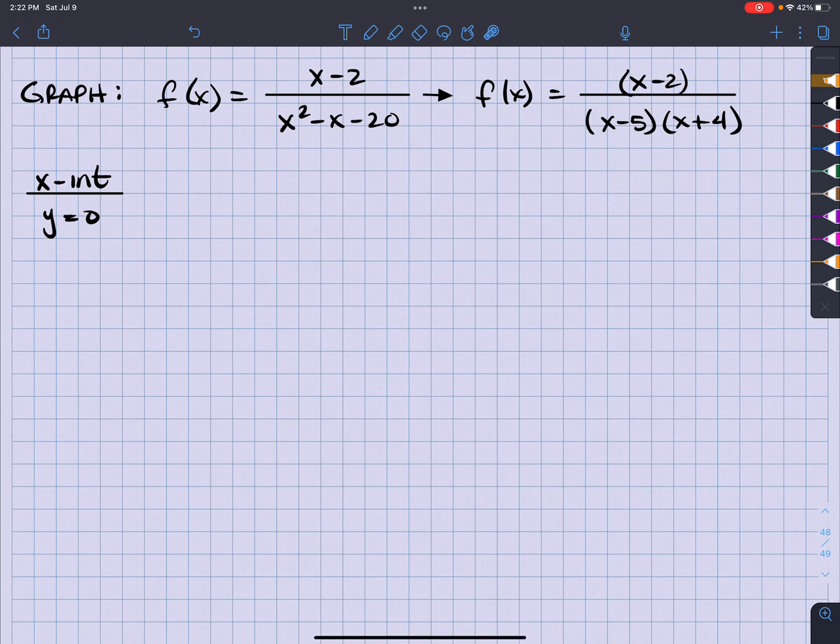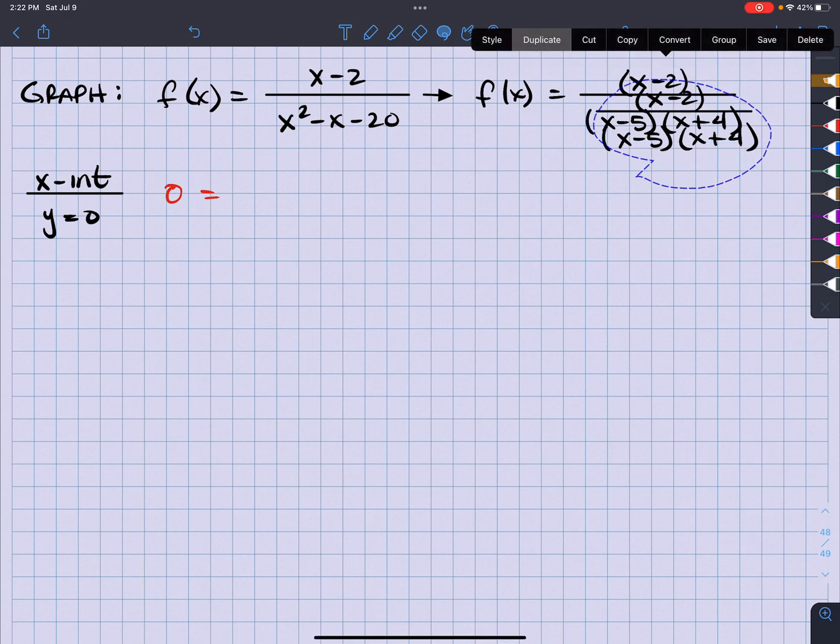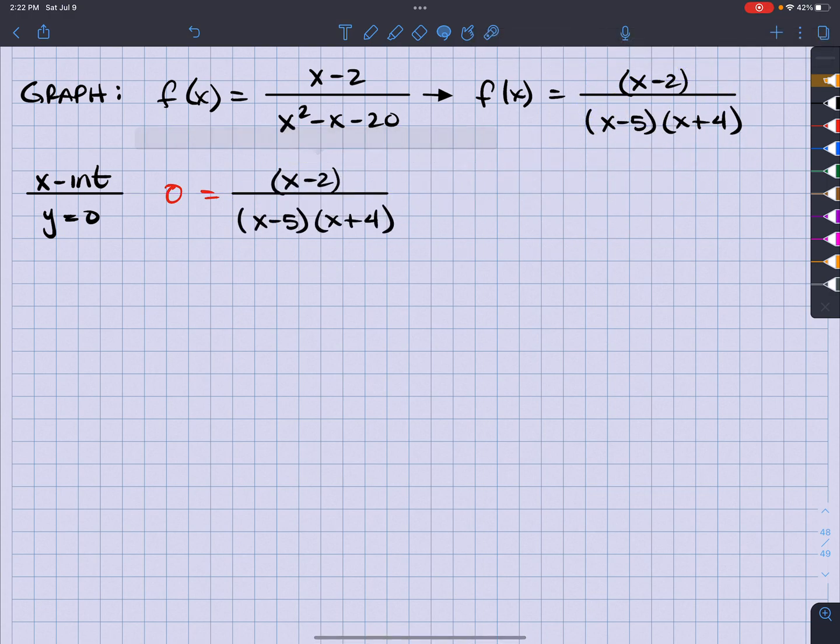So 0 is equal to this right here, which again, the only way that fraction is going to be 0 is if the top is 0. So x will have to equal 2. So my x-intercept is at 2, 0. Because my y value is 0, my x value is 2.